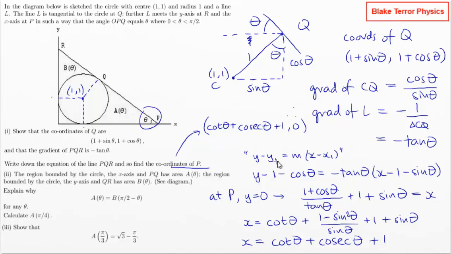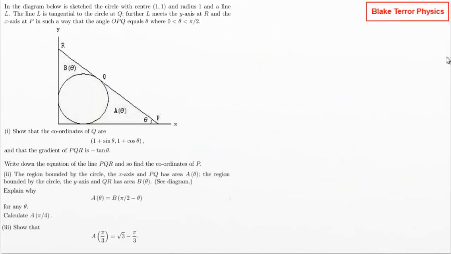I want to write that x coordinate: cot theta plus cosec theta plus 1. They wouldn't be asking us to work that out, I don't think, unless we're going to use it.